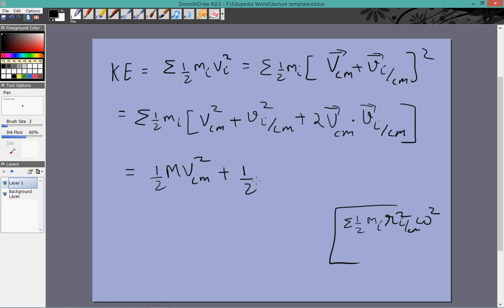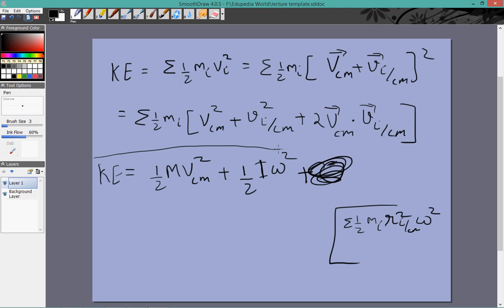So I get half I omega squared, where I is the moment of inertia about the center of mass, omega is the angular velocity about the center of mass, plus, and this term will be 0 again by similar arguments because vcm will come out to be constant. Summation mi vi with respect to cm will be the momentum of the center of mass, but since we're taking it in the frame of the center of mass, it will be 0, right? So this is the kinetic energy.